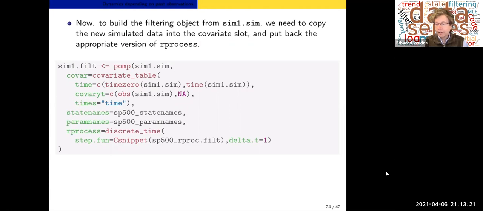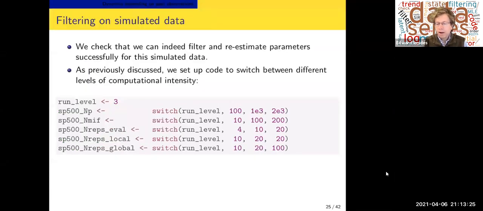Okay, so now we've got something that we can use to check that we can filter, and filtering on simulated data is often a good step before we go to filtering on the actual data. And we could also check parameter estimation on this, by re-estimating parameters by iterative filtering, for example.